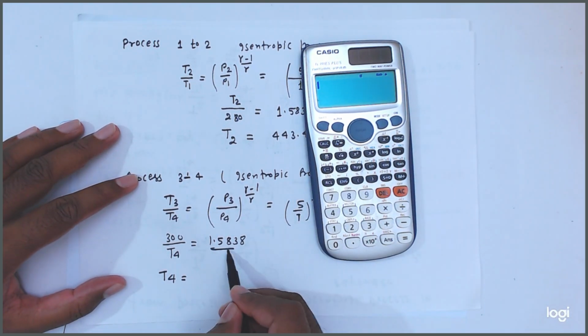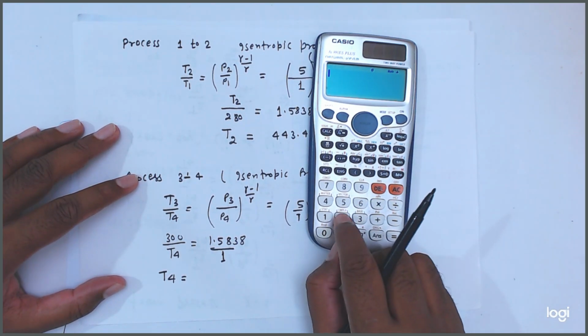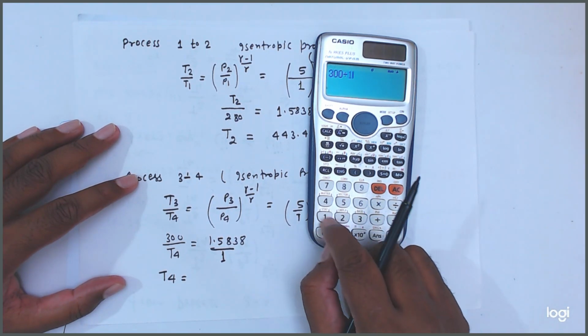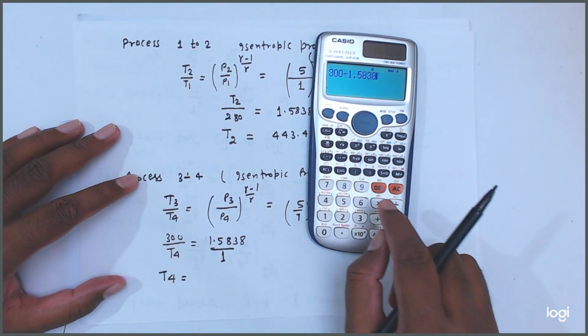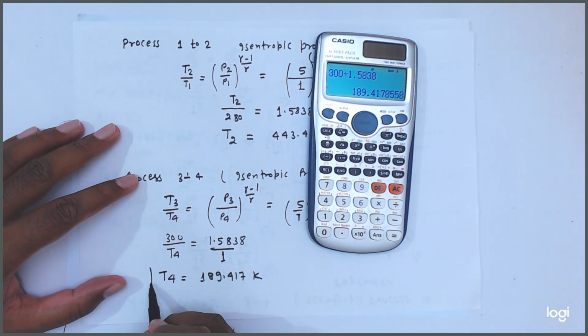So how much will T4 come? Cross multiplication we will do. T4 equals 300 divided by 1.5838, so it will come approximately 189.417 Kelvin.